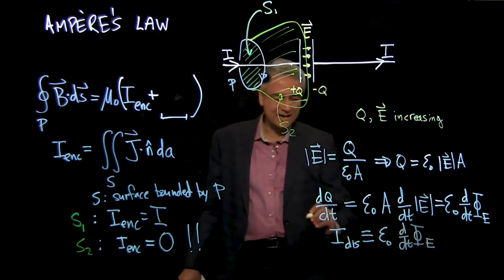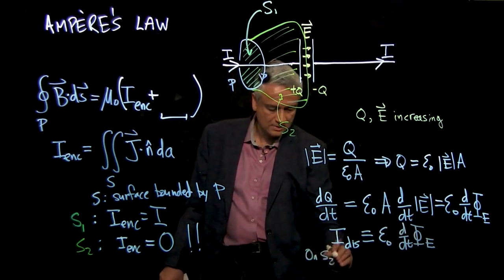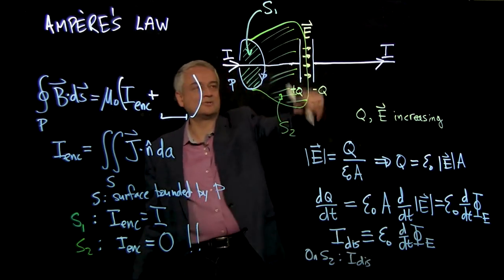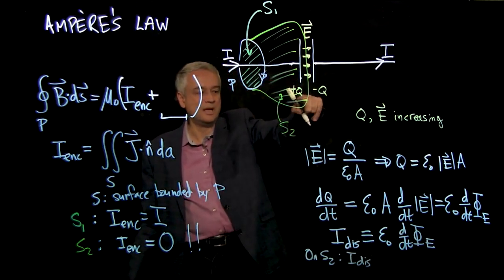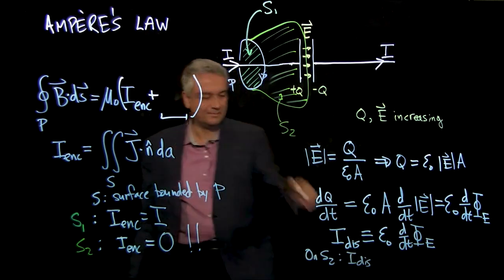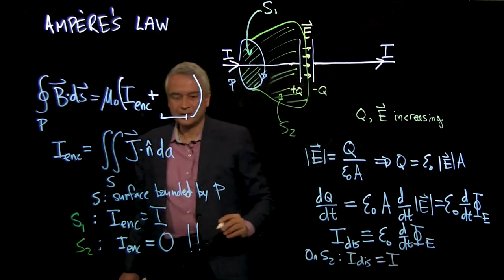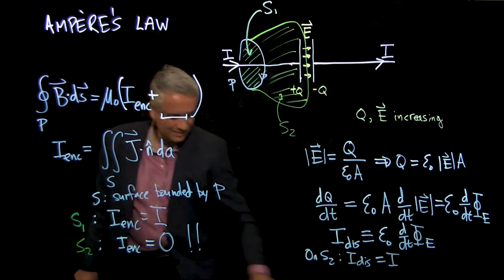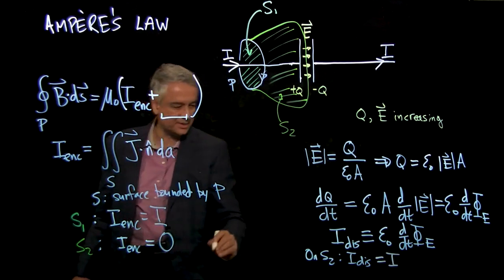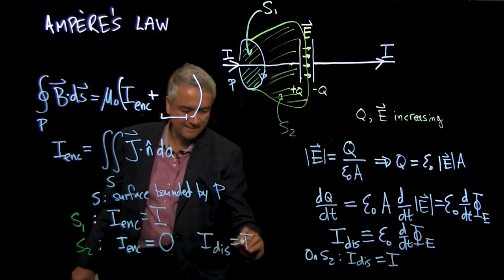And what you see is that on S2, I_dis, d by dt of the electric flux through the surface S2, is this quantity, which is this quantity, which is I. So on S2, I enclosed is 0, but I_dis is equal to I.